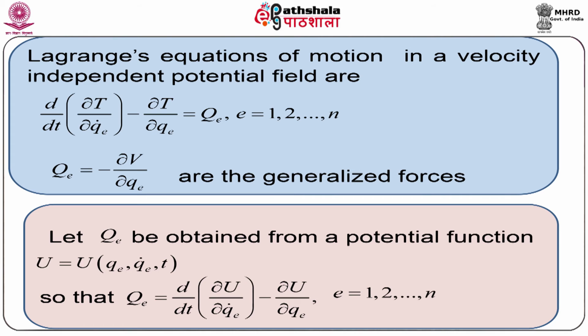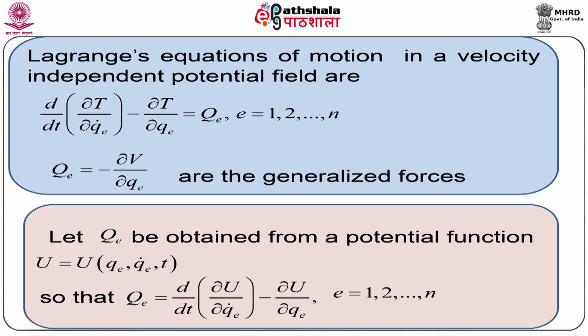T is the kinetic energy, capital Q_j is the generalized force, where capital Q_j is equal to minus ∂/∂q_j of capital V. Here V depends on generalized coordinate only, not on generalized velocity.